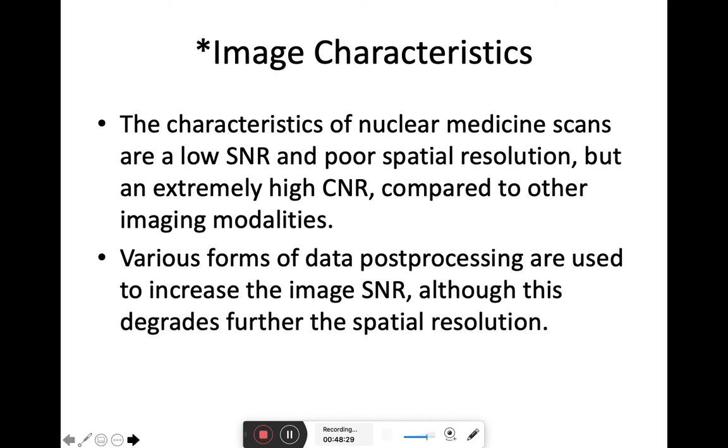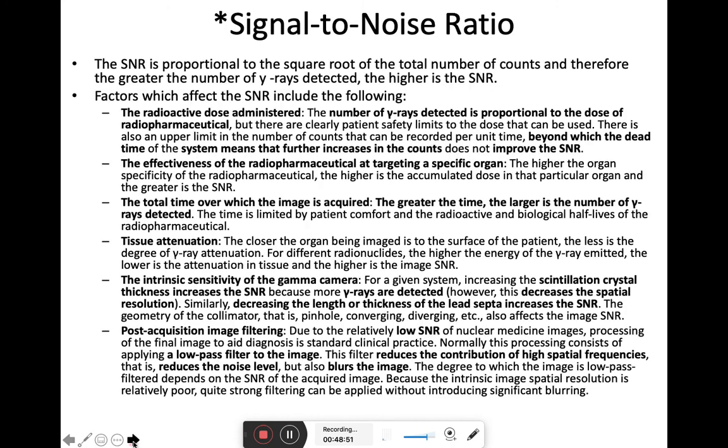So we are actually talking about how the image characteristics in NMI differ from the X-ray image characteristics. Because NMI will have low SNR and poor spatial resolution, but high contrast.